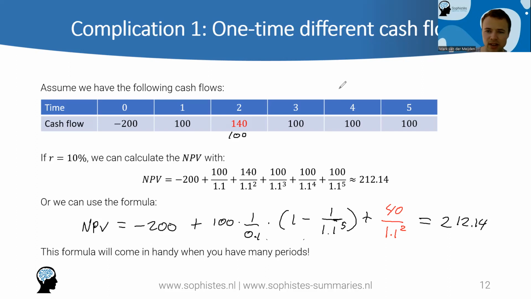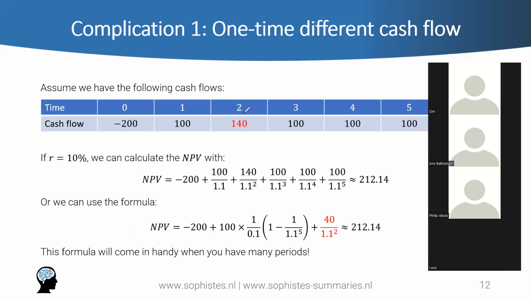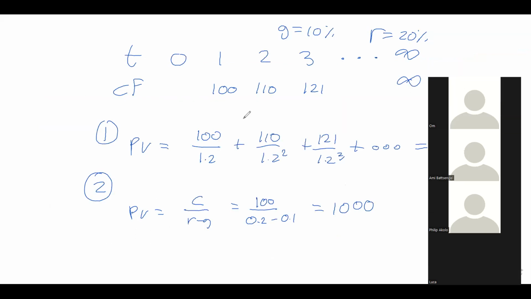Okay. So this was if you get 40 euro extra. What if you got something less? Let's do that on the whiteboard. Luca, would you like to help me with the next example? What if you would get it like this? 0, 1, 2, 3, 4, 5, 6.